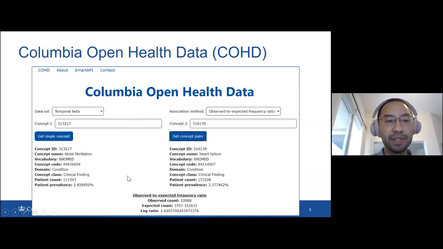For example, 2.5% for atrial fibrillation in the EHR prevalence, as well as for heart failure, we're seeing 3% in the clinical data, and the association metrics between these pairs of concepts, showing that these two concepts are associated with a positive association rate of 2.6, to show that these two concepts clinically occur together more frequently than expected.